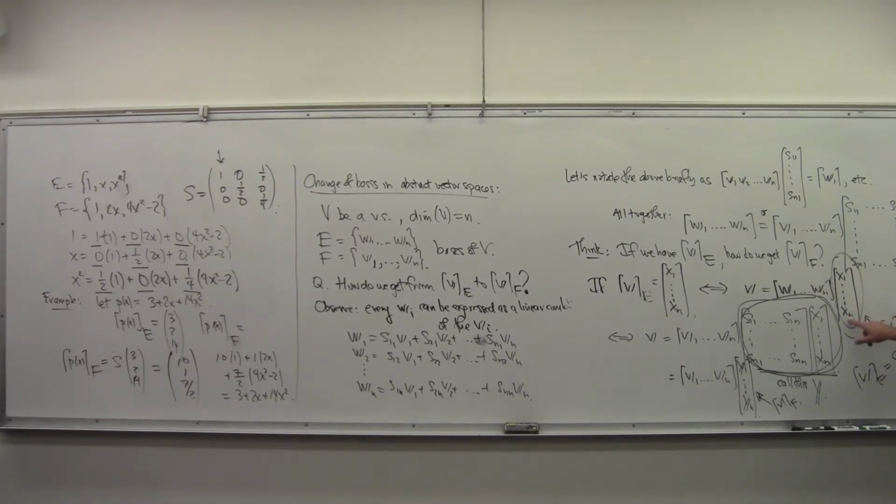It's the coefficients that you would use with the E basis to get V. So you have to remember what the coordinate vector is: you take your vector, you express it as a linear combination of these guys, and you take those coefficients off. That's exactly what this is saying, that if we take x1 w1, x2 w2, and so on, then this linear combination gives us back v.